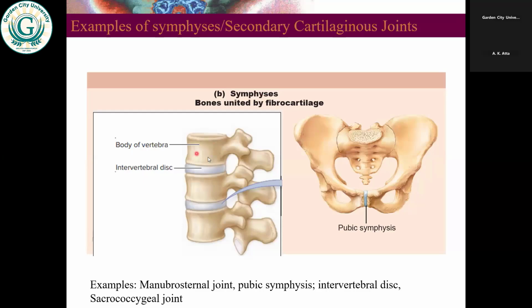So between the body of the vertebrae, there is an intervertebral disc, which is a fibrocartilage. Between the two pubic bones, there is a pubic symphysis, which is a fibrocartilage. Between the manubrium, you know that the breastbone is made up of the manubrium, the body, and the xiphoid process.